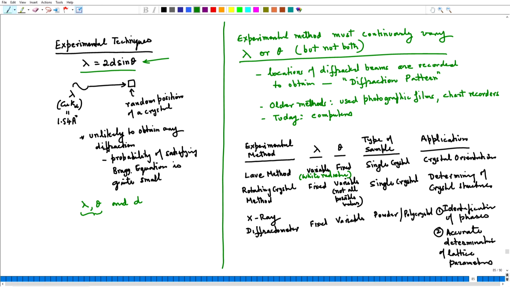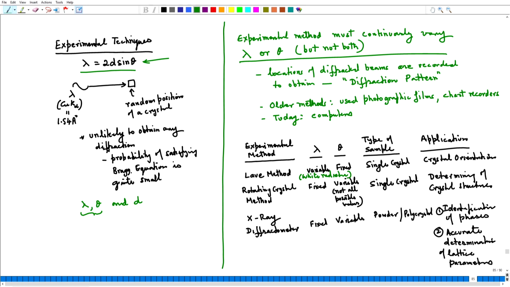So, what we will do now is that I am concluding this lecture here. In the next lecture, we will very briefly look at this Laue method and the rotating crystal method, and also very briefly analyze these two methods using the reciprocal lattice.